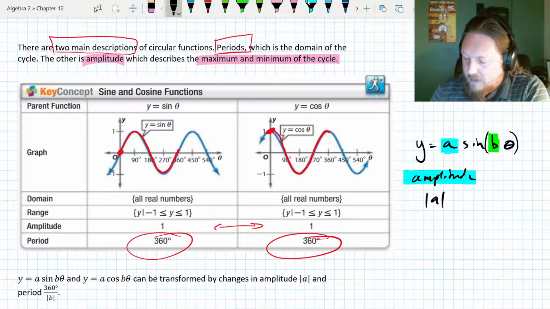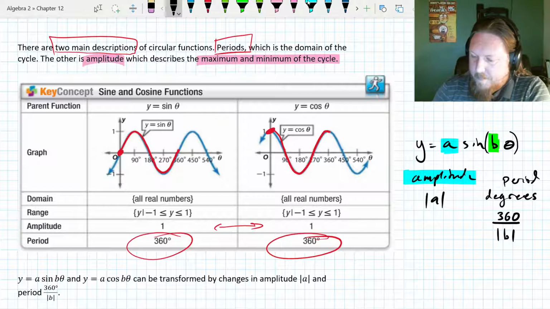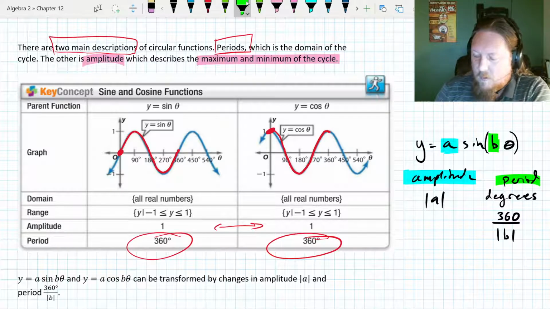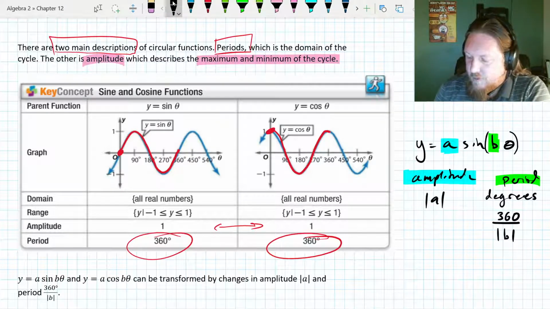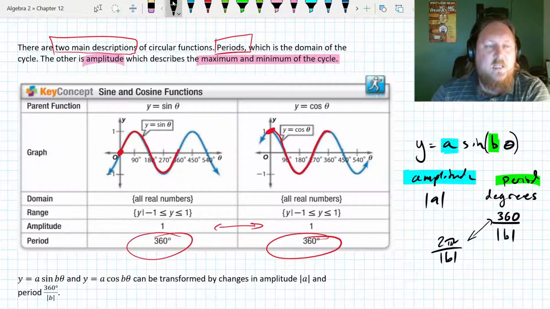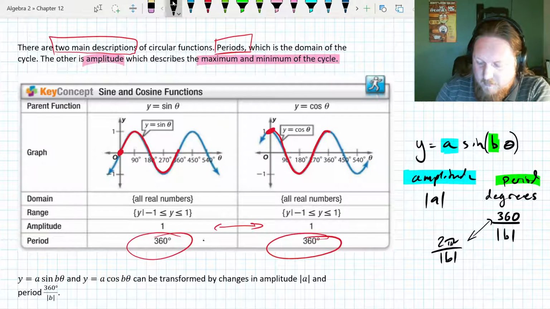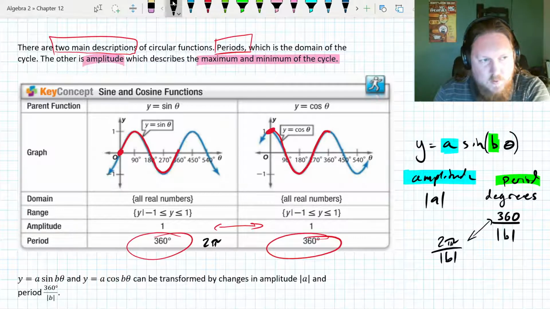If you're using degrees, you would have 360 divided by the absolute value of b, and it would give you the period. If you're using radians, you just swap out the 360 for 2 pi over the absolute value of b. That's pretty consistent throughout everything. Whatever the period is, if the period's 360, that means in radians it's 2 pi.